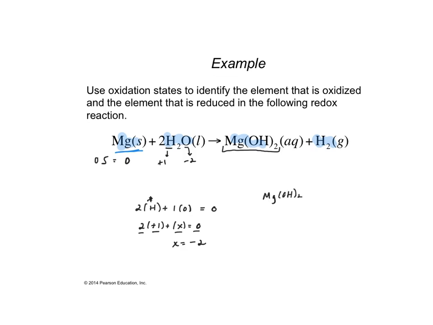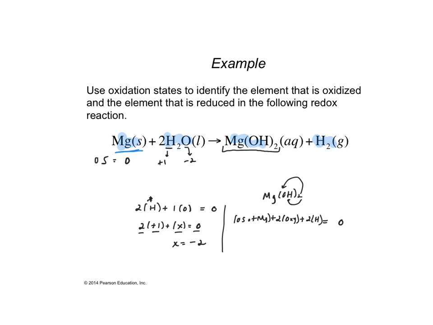This overall is a neutral compound, so these are going to sum to 0. We've got the oxidation state of magnesium, plus, this is distributive, 2 times the oxidation state of oxygen plus 2 times the oxidation state of hydrogen equal to 0.